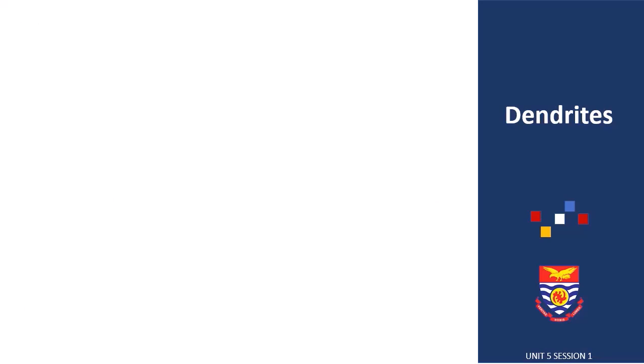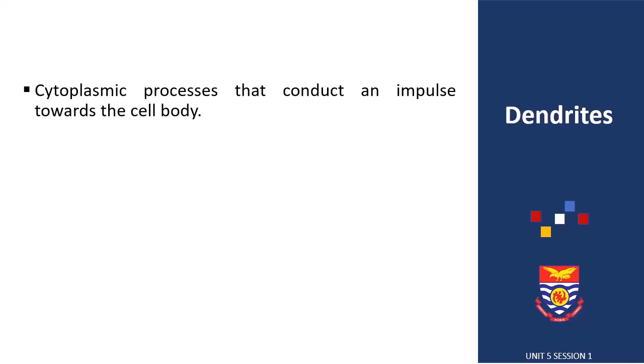The dendrites, which are another part of the nerve cell, are cytoplasmic processes or appendages that conduct an impulse towards the cell body. A neuron normally has several dendrites, and these structures branch out in a tree-like fashion.